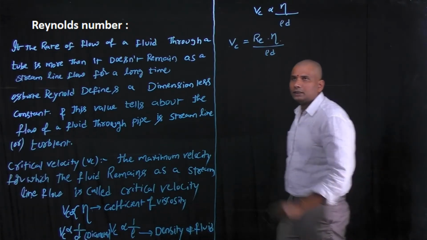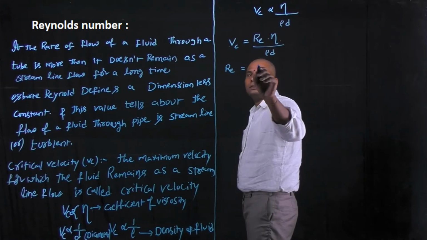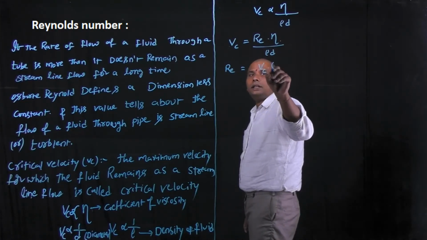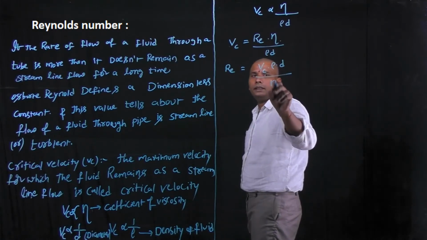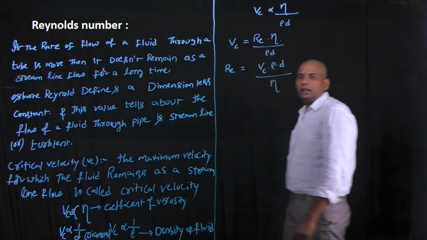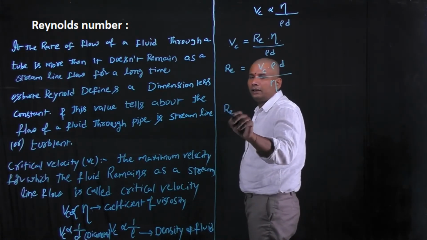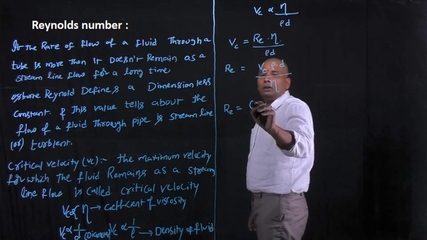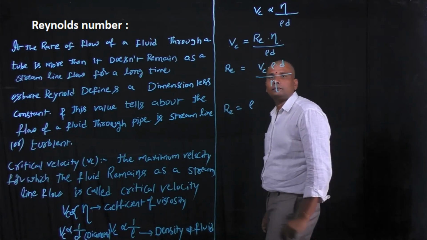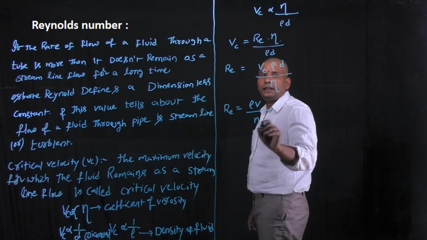From this, the Reynolds number can be written as Re equals critical velocity into density of the fluid into diameter of the pipe by eta. This equation can be rewritten as Reynolds number equals rho v d by eta.